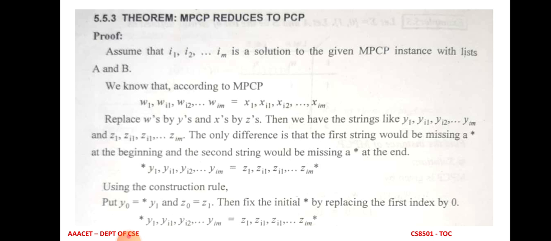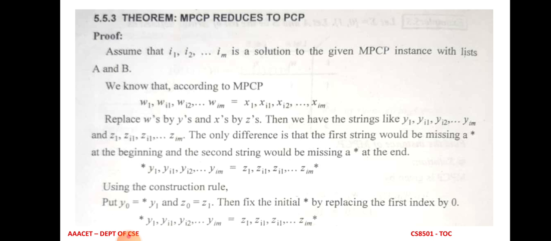So we will start with the proof by the definition of MPCP and PCP. Both problems have the solution as I1, I2 up to Im. So we know that for MPCP the equalization of the two list values, we have to write the definition of MPCP: W1, Wi1, Wi2 up to Wim is equal to X1, Xi1, Xi2 up to Xim.